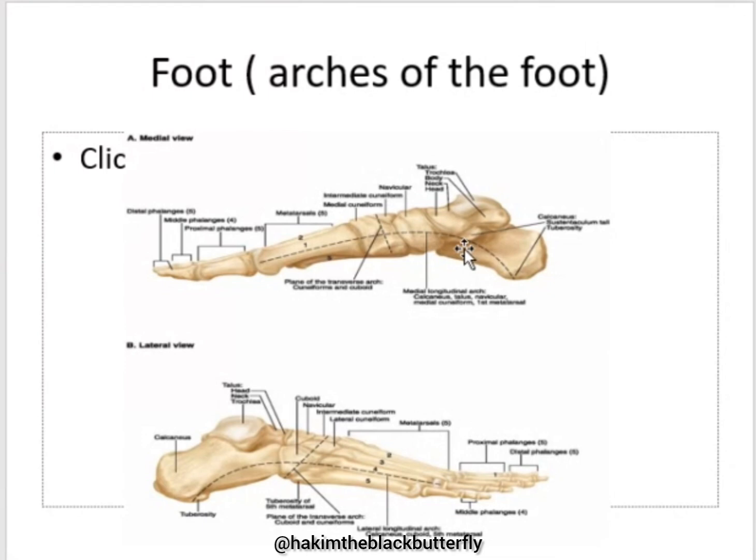And then you have long plantar ligaments. There's a fibrous dense connective tissue on the inferior surface of the foot, on the sole of the foot, known as the plantar aponeurosis. The plantar aponeurosis is attached at the calcaneum and then at the heads of the metatarsals.